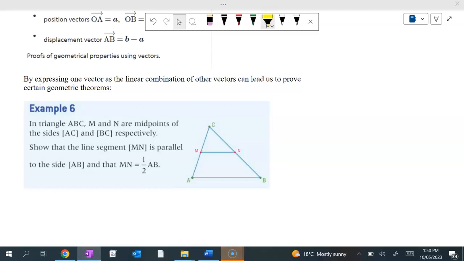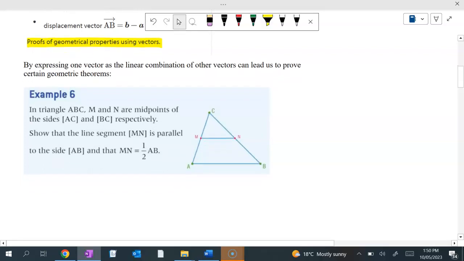Hi everybody, today we're looking at this sentence in the syllabus: using vectors to do proofs of geometric properties. Very often it involves two things. It is done using linear combination, so writing one vector as a sum of a couple of vectors, and it could be those vectors increase or decrease in size.